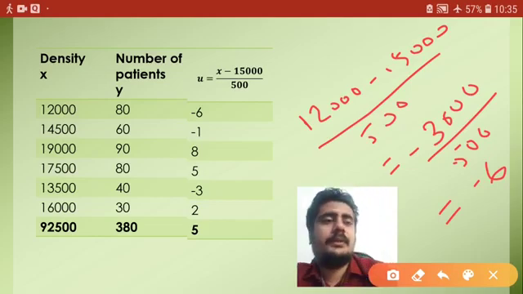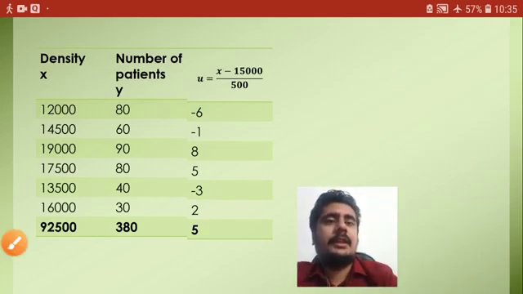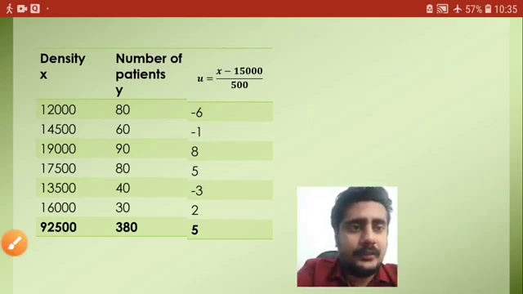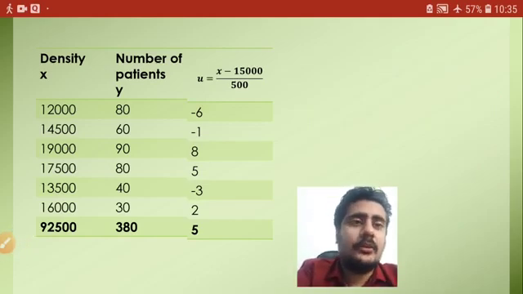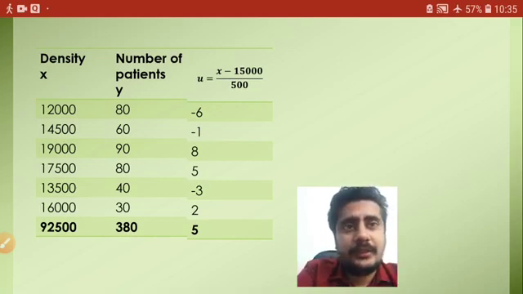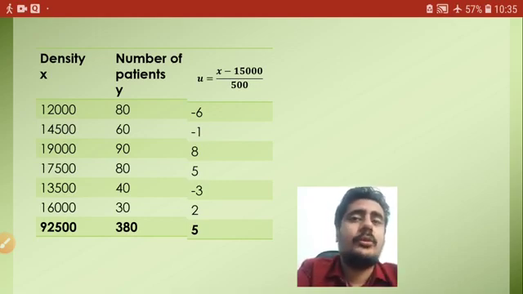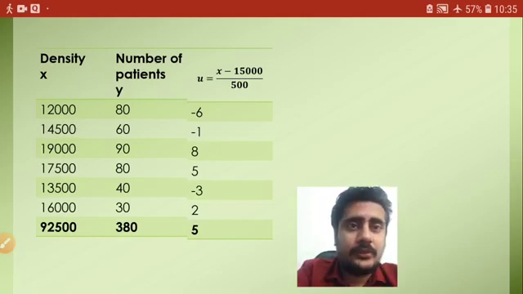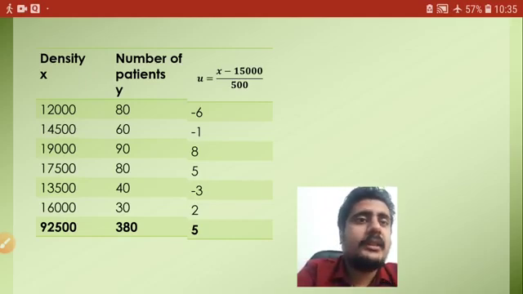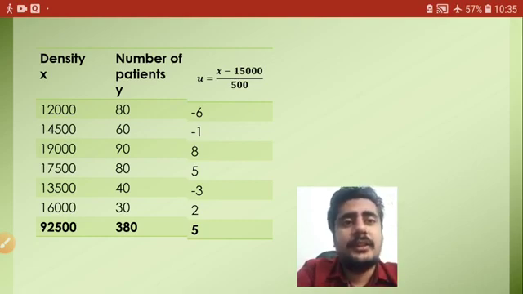Then if x is 14,500, 14,500 minus 15,000 is minus 500 upon 500, which is minus 1. You can keep minus 1 there. Then x is 19,000, so 19,000 minus 15,000 is 4,000, 4,000 upon 500 is 8.